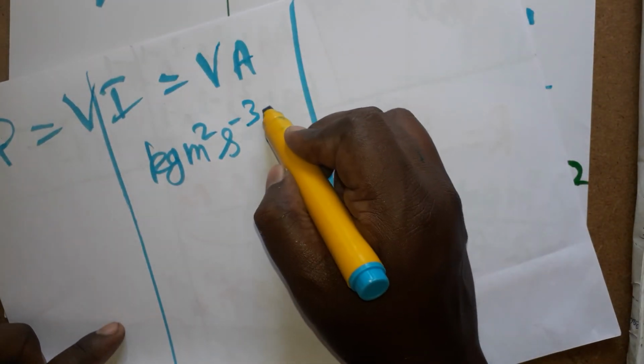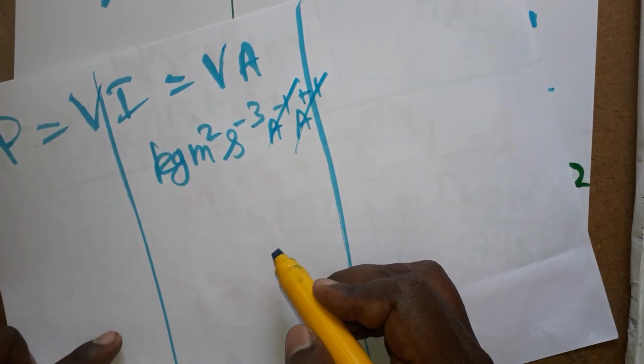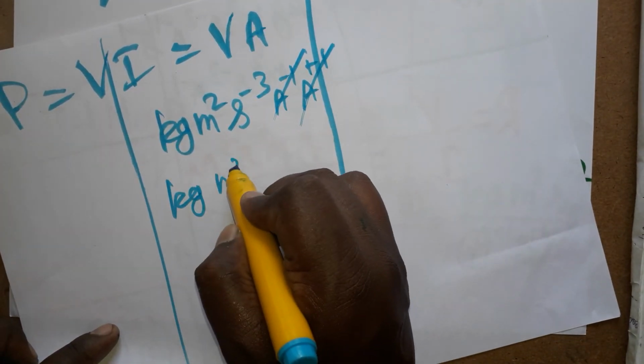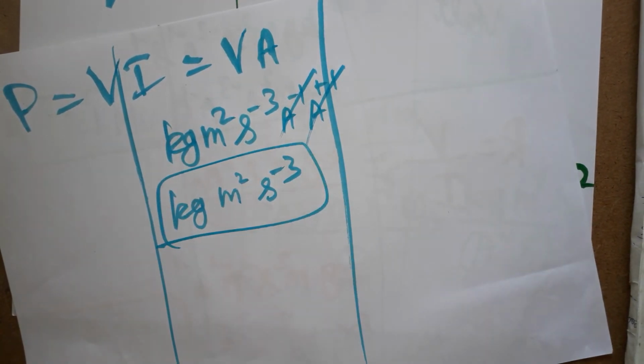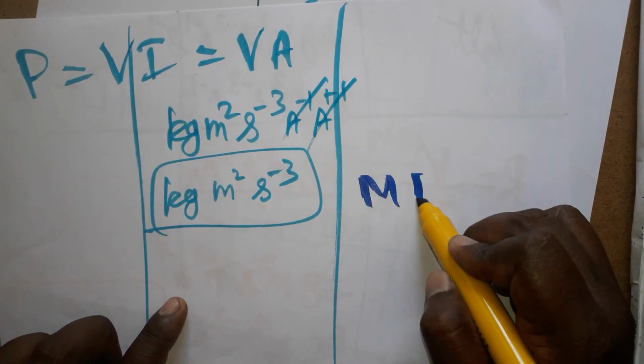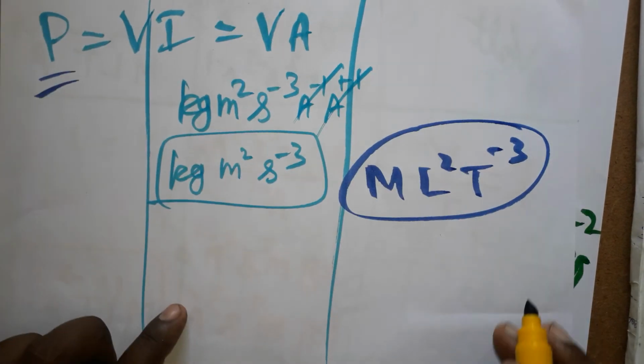This is the voltage, and into ampere, so plus ampere, and this gets cancelled. So we get kg meter square second minus 3. It is the electrical power SI unit. The dimensional formula is M L square T minus 3. I got the dimensional formula for the electric power.